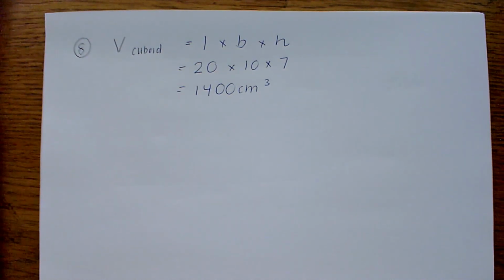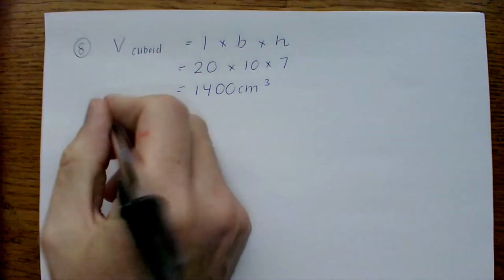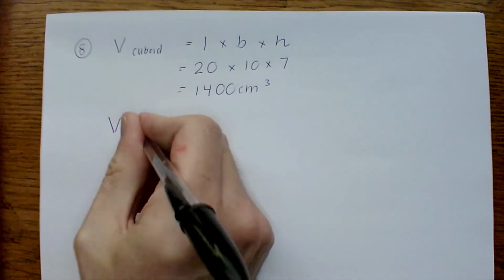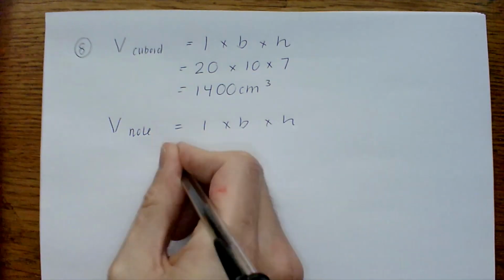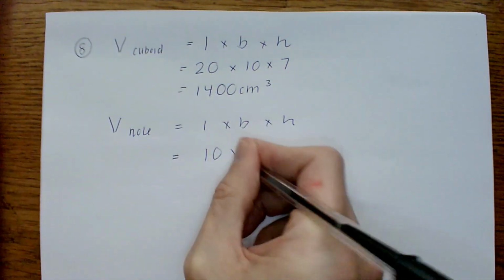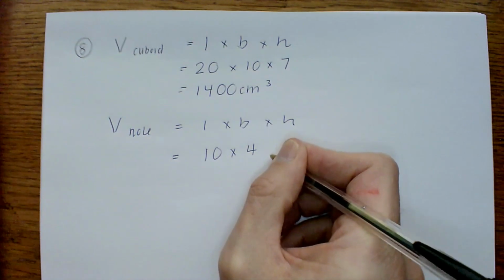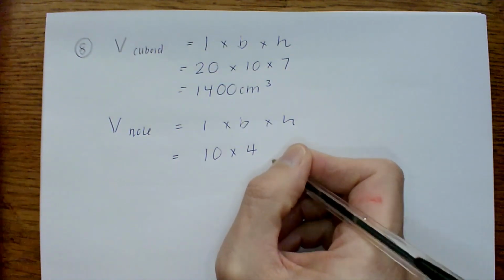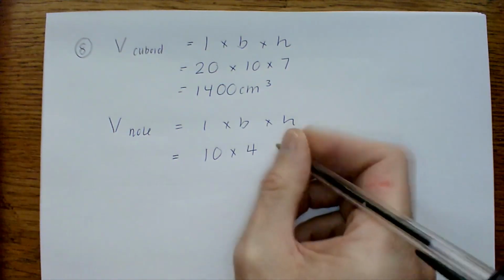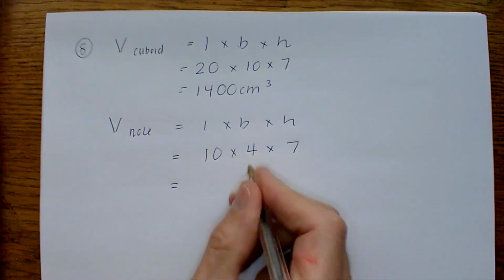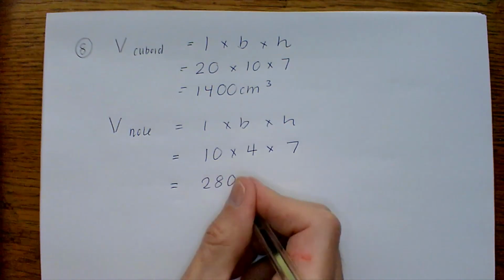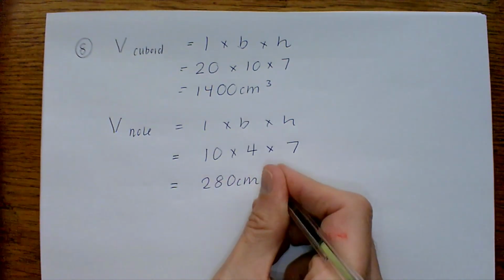So you started with 1,400 centimetres cubed of wood or whatever it's made of, and you cut out a bit in the middle. So the volume of the hole is length times breadth times height. So the length of that hole is 10. What's the height of it? Well, remember I said it went right through, so if it goes right through, it must be 7. So 10 times 4 is 40, 40 times 7 is 280 centimetres cubed.